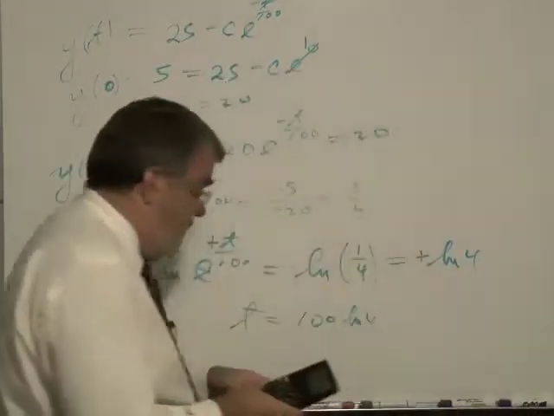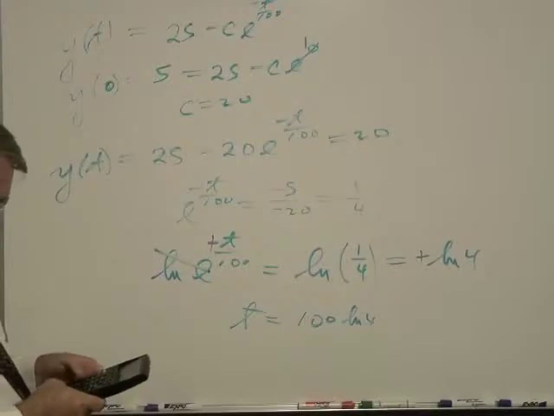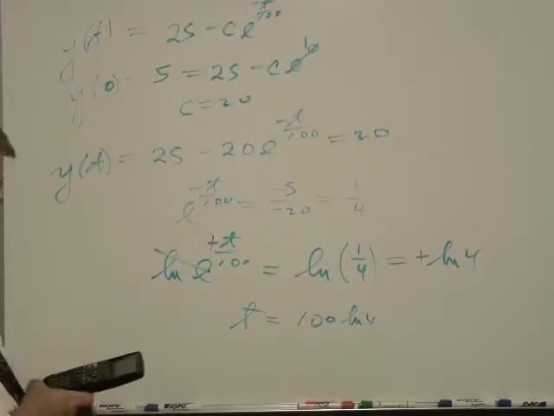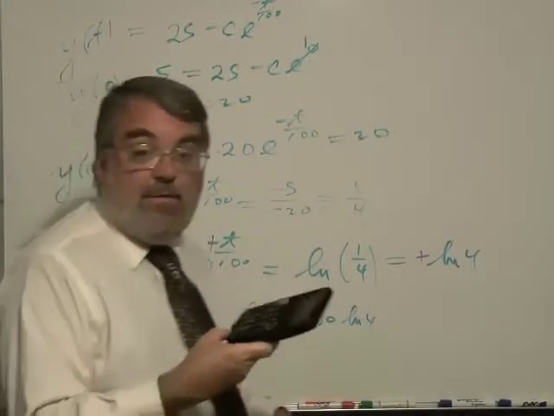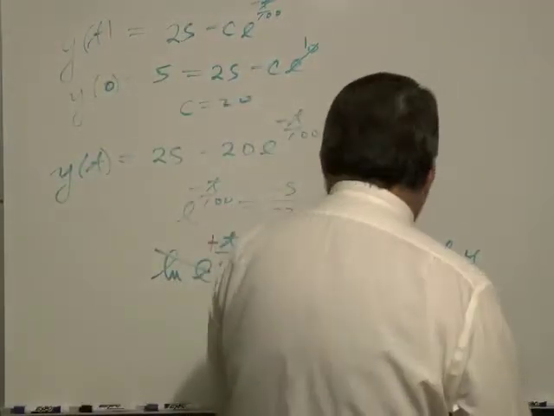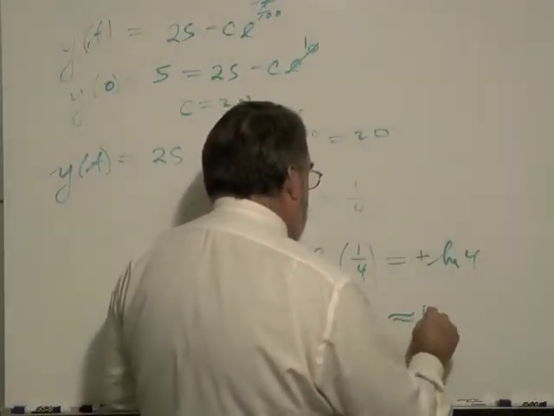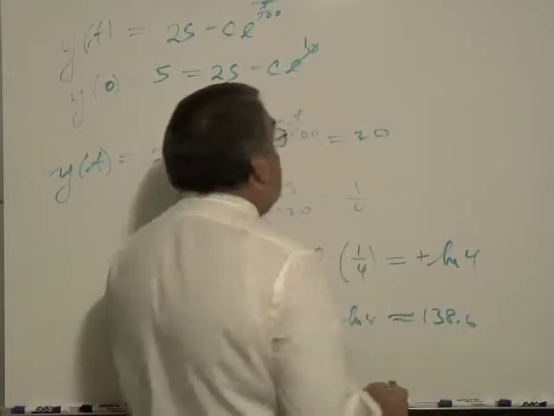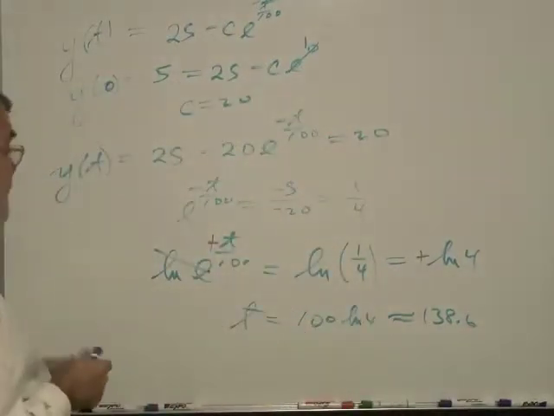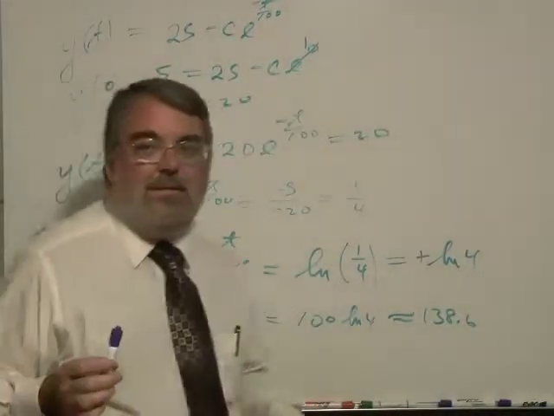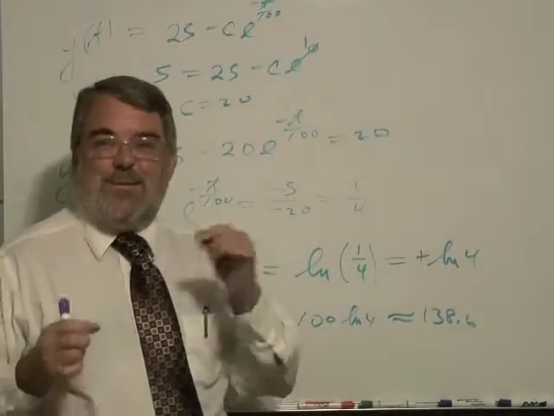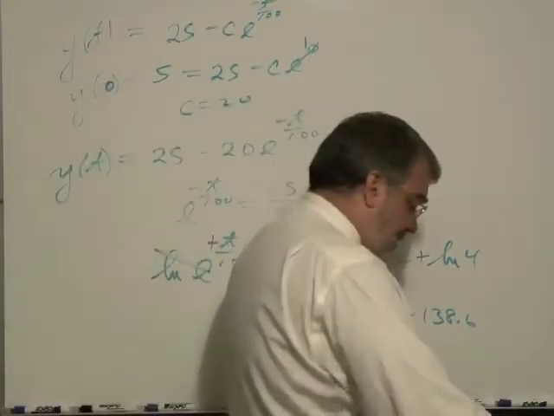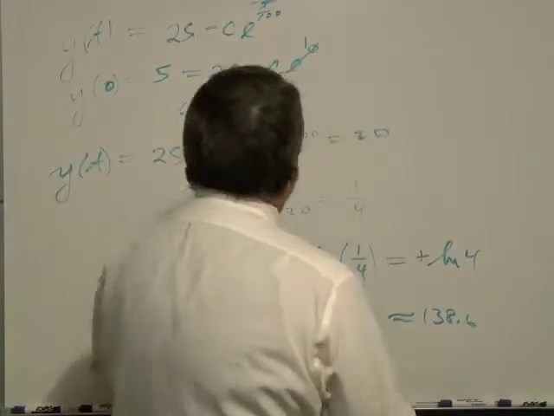Okay, so 100 times ln 4, natural log of 4 is about 138.6. So, what was that describing? Oh, that was how long it takes before there are 20 pounds of salt in the tank. So, let's write out the answer to that.